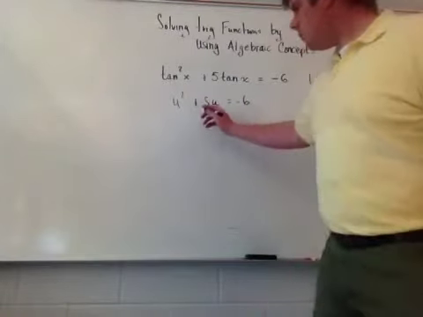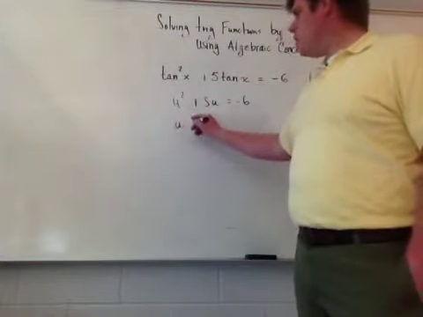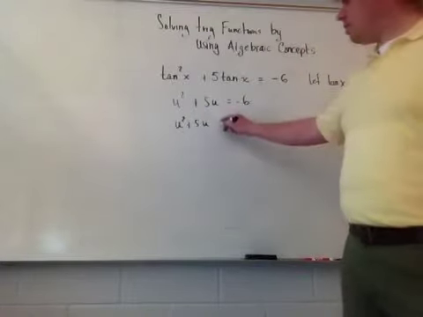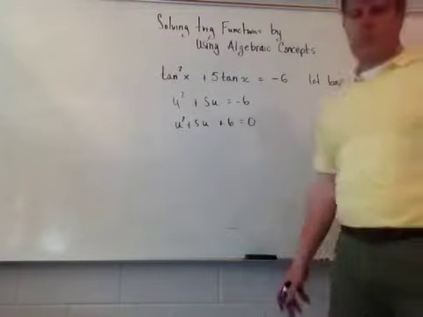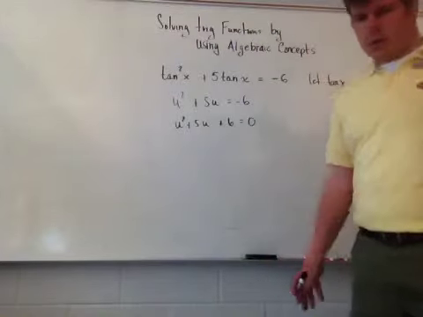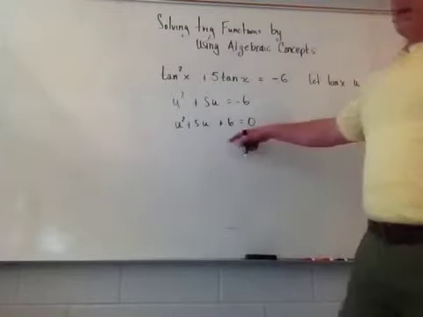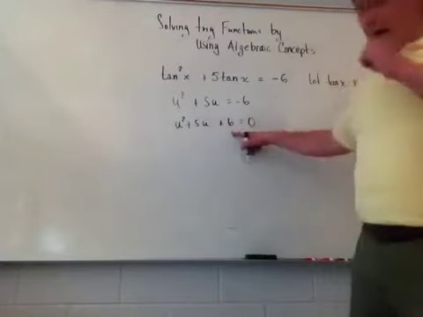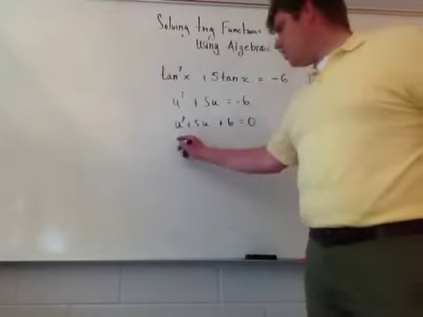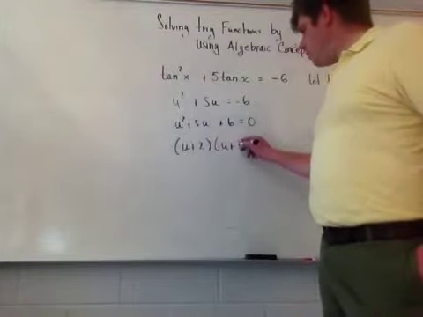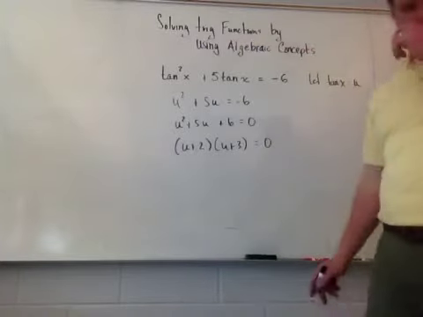So here we go. I have u squared plus 5u, and I'm going to add 6 to both sides, so plus 6 equals 0. Because remember, when you solve a quadratic, you set it equal to 0, and you factor or use the quadratic formula. In this case, it is factorable into u plus 2 and u plus 3, equal to 0.